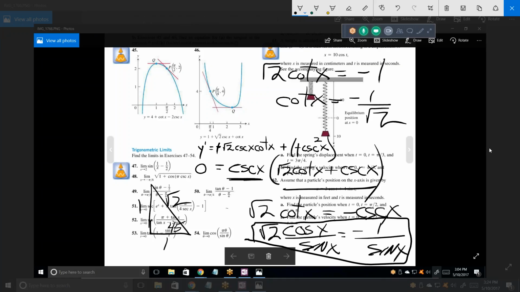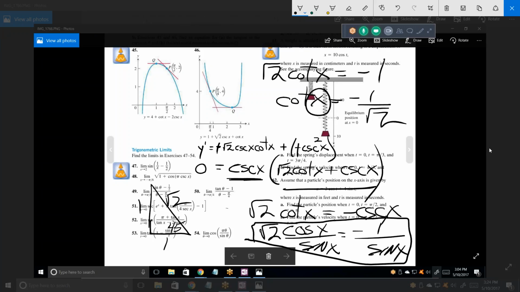Where does that happen? Well, it's negative 1 over root 2. That's not one of your common angles. You have your calculator? Yes, I do. It's an n-spire. I was going to use my iPad calculator, but I can grab my graphing calculator.